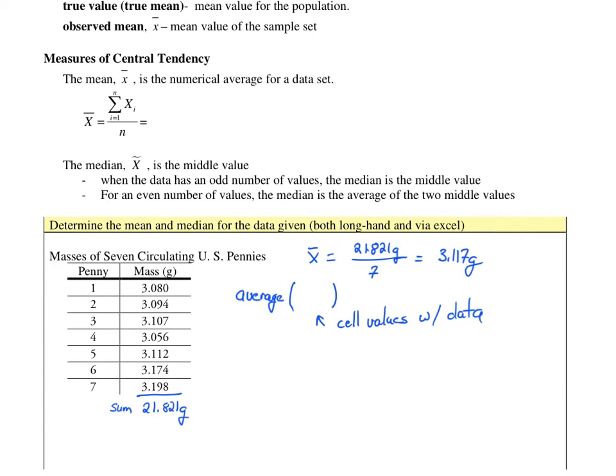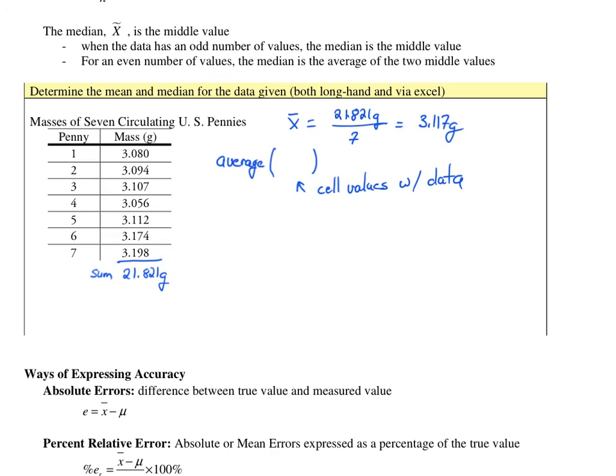Okay, for the median, to determine the median value longhand, we first place all these values in order, either ascending or descending, it doesn't matter. If we did that, this would be our result.